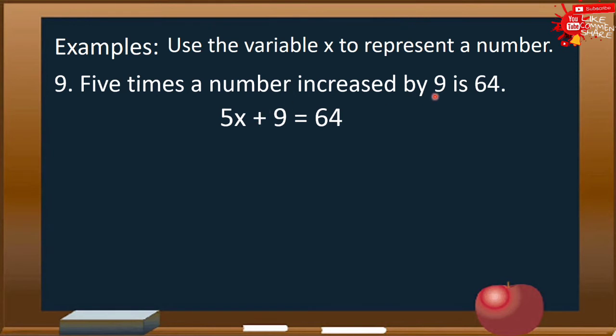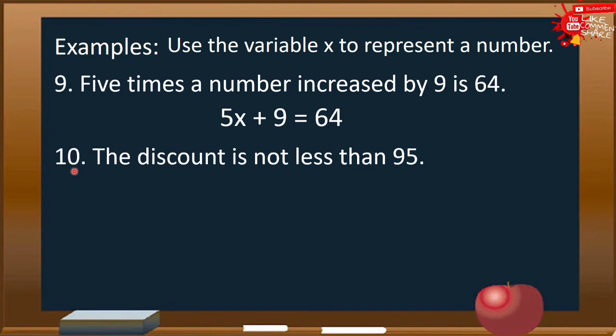And then 9. So we have 5x plus 9, and for the equal symbol, then we have 64. So we have here 5x plus 9 equals 64. So this is the mathematical sentence for 5 times a number increased by 9 is 64.